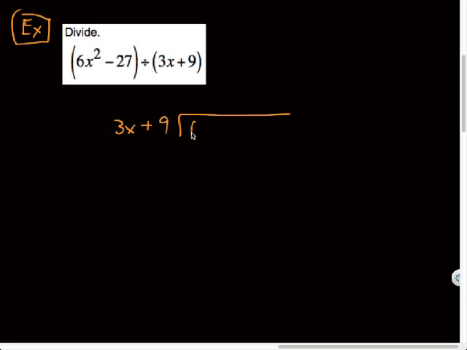So the dividend is 6x squared, but I want to point out that I actually have a digit problem here, so to speak. Notice there's no x to the first term here. Normally there'd be a nice little x to the first term there. I need to represent that x to the first in my long division. So I'm going to write plus 0x minus 27.